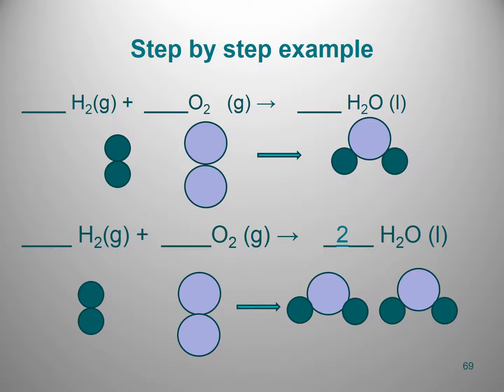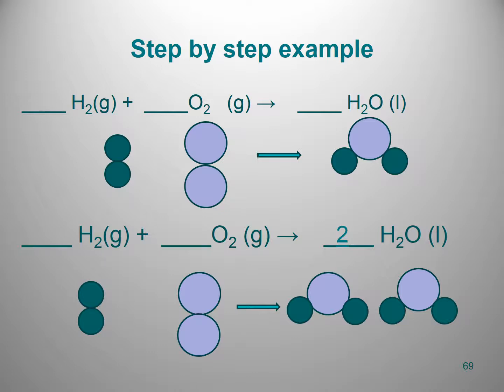So if I put a 2 in front of the H2O, you can see now I've doubled my number of waters. So think multiplication. I have 2 waters. So now you can see that the number of oxygens have balanced because I have 2 purple circles on the left and 2 purple circles on the right. But in the process of doubling my waters, I now have doubled my hydrogens that were already balanced.